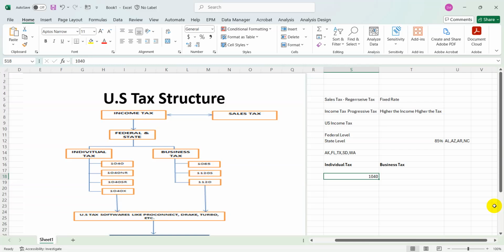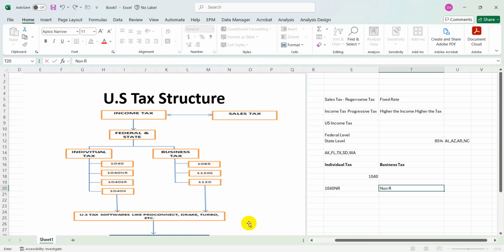Now what is 1040? It's an individual tax form. This is the form that an individual will fill while reporting his individual tax. Now at the bottom of this chart you can see 1040 NR. What is the difference between these? 1040 NR is for a non-resident alien.